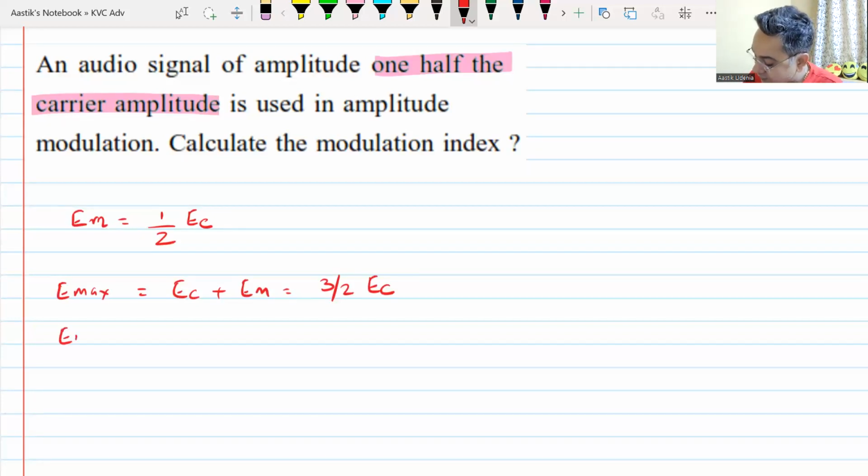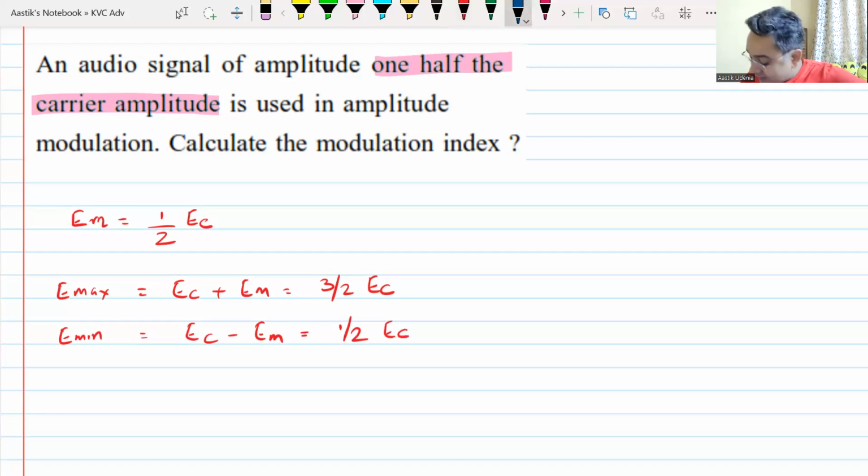I can write E min value as E_C minus E_M. E_C minus E_M would be half of E_C. Yes.